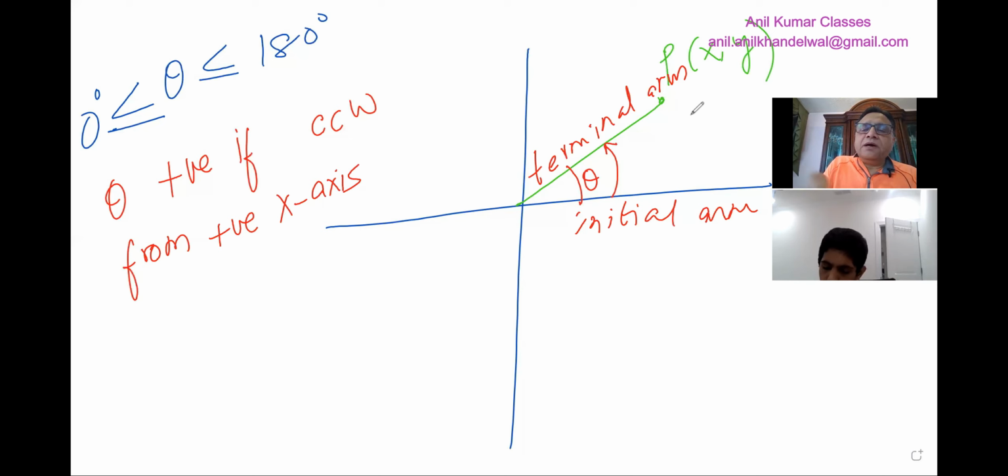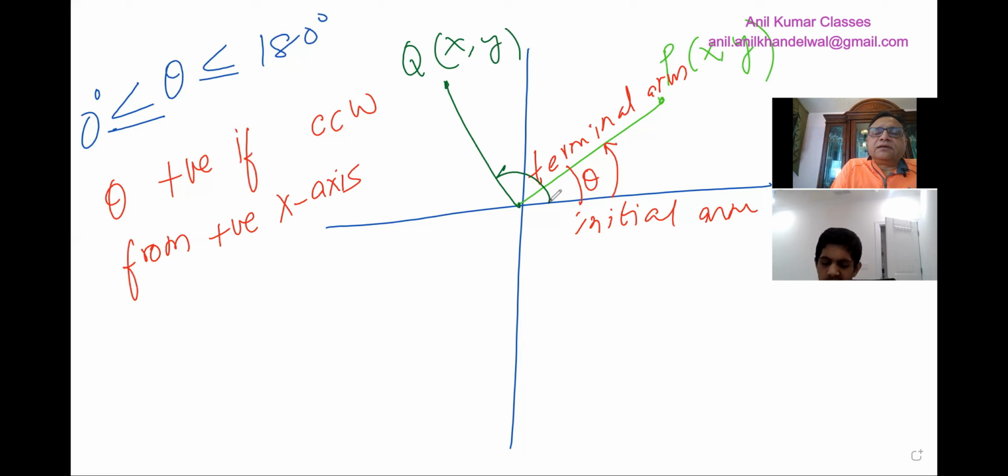Now, if this comes to this point, and we have another point Q here, what are the coordinate values of Q? It could be, let us say, xy. So in this case, for this angle, which is more than 90 degrees, what is sine theta equal to?